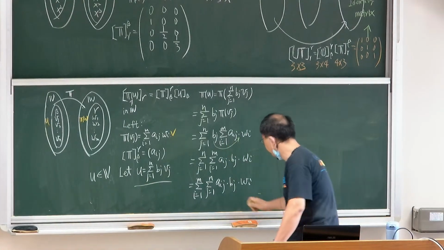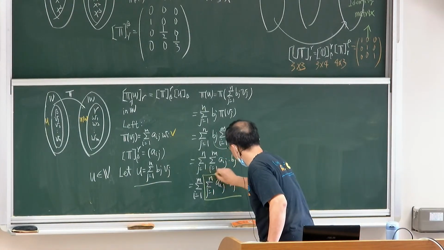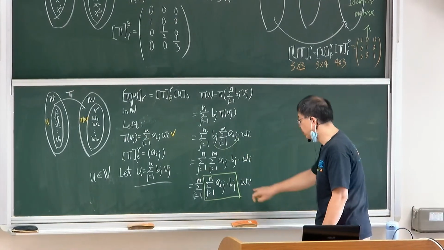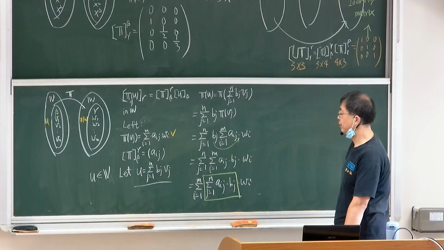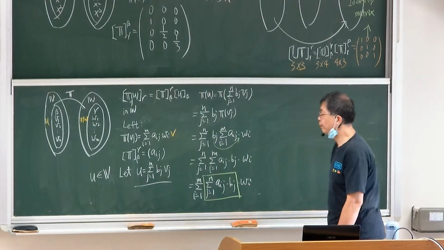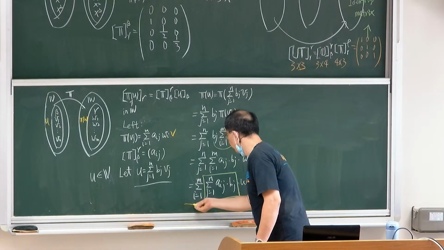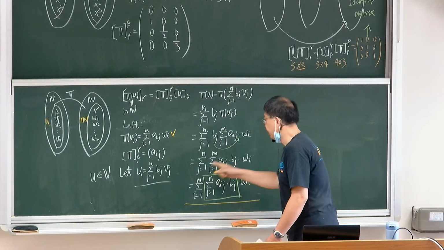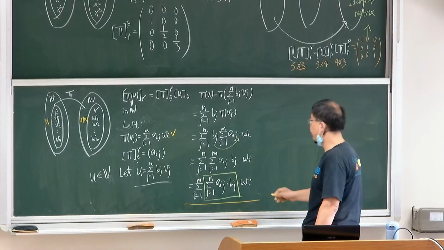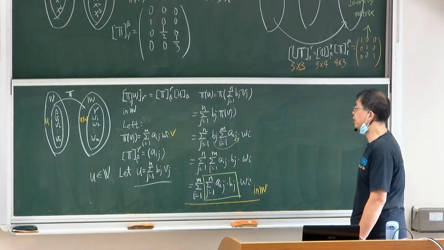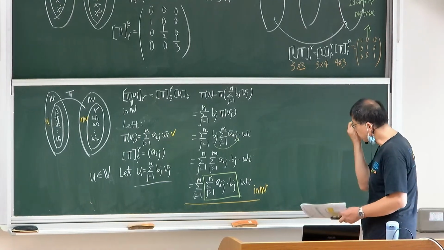We take this as the coefficient, the coordinate, of Wi. This linear combination is in W.